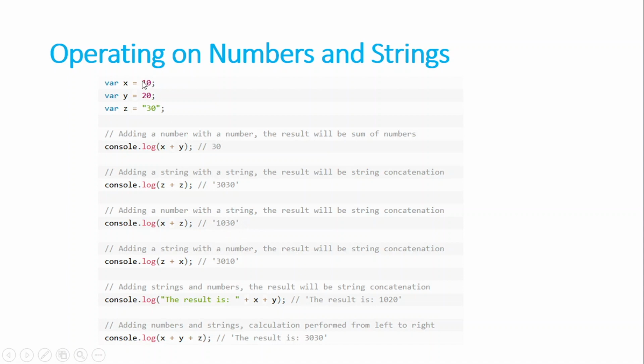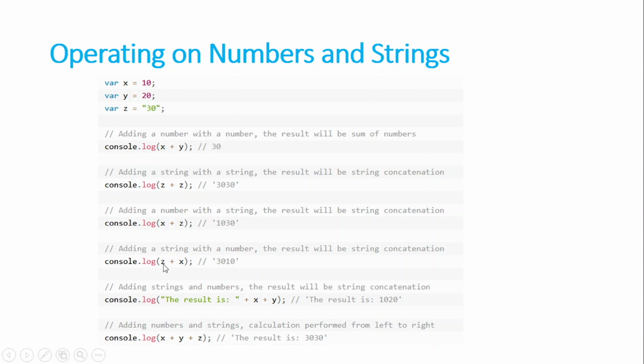You can see 10 is a number and z is 30 as a string. But if we concatenate them, it will return a string, the concatenated string 1030. So 10 was a number and 30 was a string. Now it is concatenated as the string 1030. It will not add the numbers if one of them is a string.